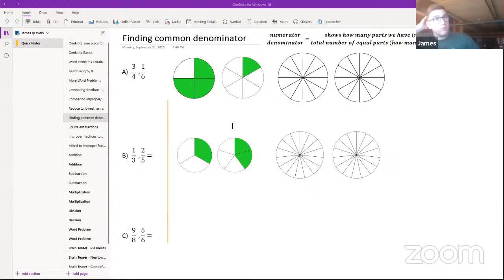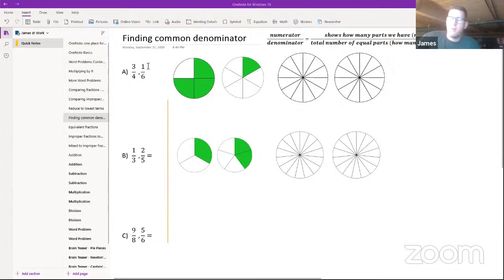So let's start with 3/4 and 1/6. These are shown by these pie charts here, 3/4 and 1/6. And the first thing to do when you get two fractions like this, and you want to find the common denominator, is to start writing the multiples of the denominator.